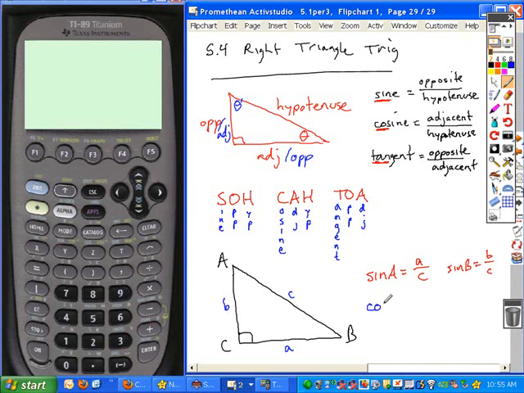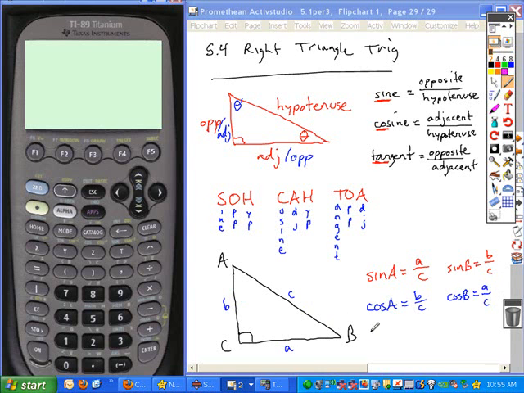Okay, what if I do cosine? What's the cosine of A? The cosine of A is b over c, adjacent over hypotenuse. Oh, I'm sorry, the cosine of B. So the cosine of B is adjacent, a, over hypotenuse, c.